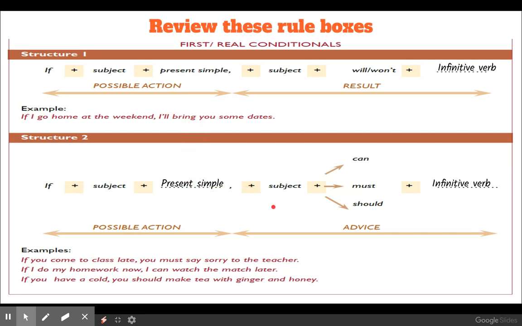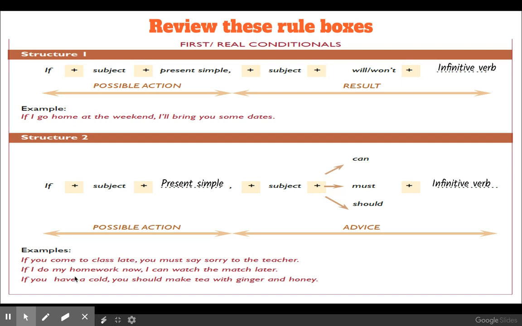Then we're going to have our subject in our advice clause, subject plus a modal verb, can, must, should, followed by the infinitive verb, the verb with no S, no ED, no ING, nothing on the end of it, the infinitive form. So if you look down here at our examples.